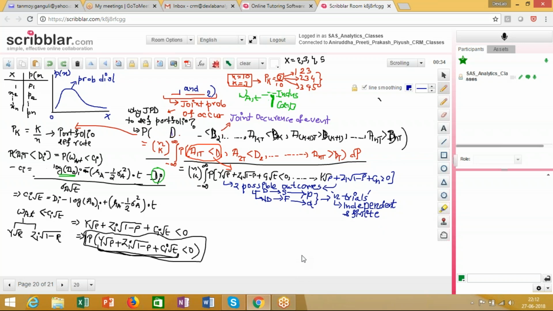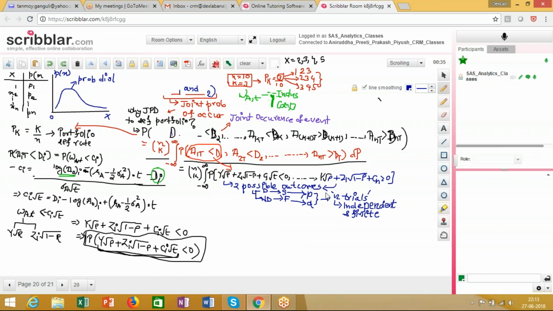So I have n number of trials. I have independent trials and I have finite trials. Basically, I give out loans to some n number of people who are countable, who are finite, and each of the loans I give out to them are independent of each other. So this is what the independent and finite trials are all about. Correct?